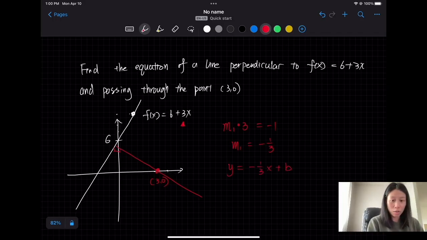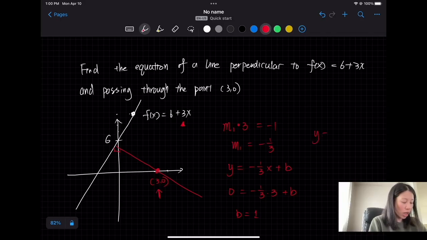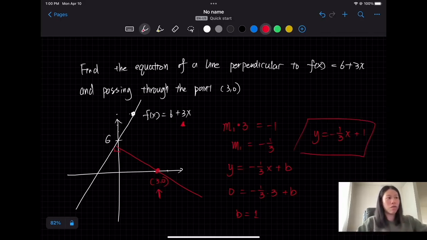We still need to find the y-intercept. Since this line passes through the point (3, 0), we substitute (3, 0) into the function: 0 equals -1/3 times 3 plus b. So I get b equals 1. So the function of this graph is y equals -1/3 x plus 1. That will be the function we are looking for.